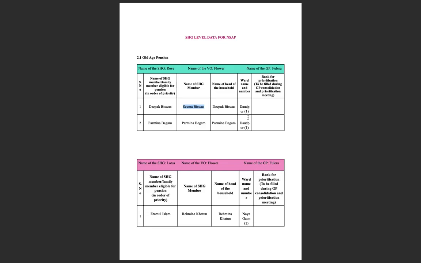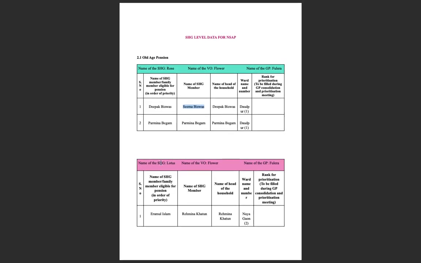In a scenario where a person is 60 years old and wants to get an old age pension but does not have any voter ID, ration card, or Aadhaar ID, the VO or the SHG, which is the Rose SHG and the Flower VO, should ensure that this person's name is written in the format, and the VO and SHG should try to help this person in getting the individual documents required for eligibility for the old age pension.